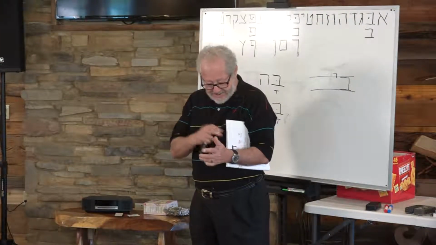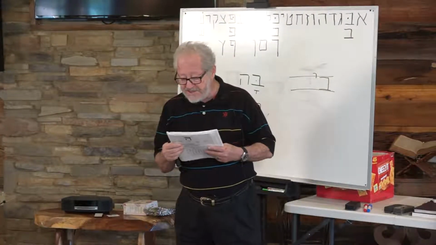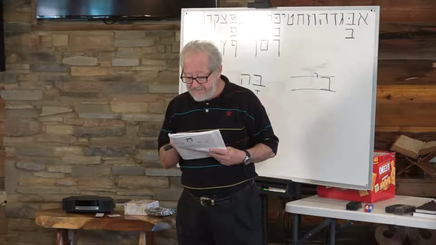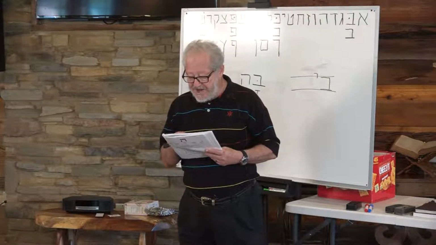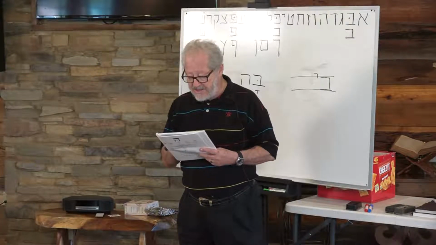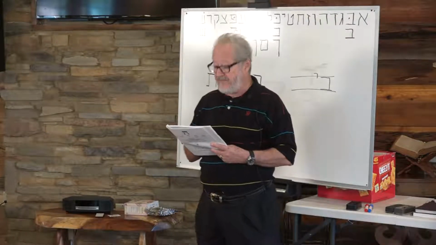Okay. Excellent. So, the first one in the two letters is dad. Correct? How about the next one? Ag is right. How about the next one? Next? Next? Vav is correct.